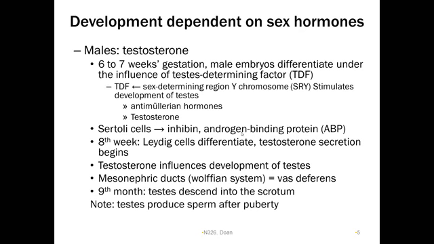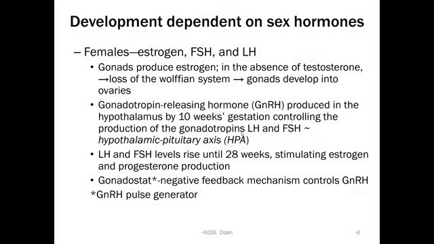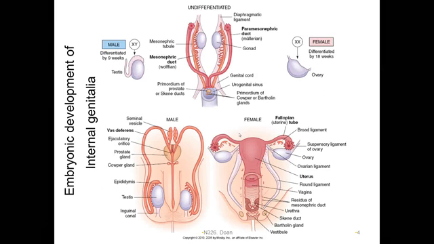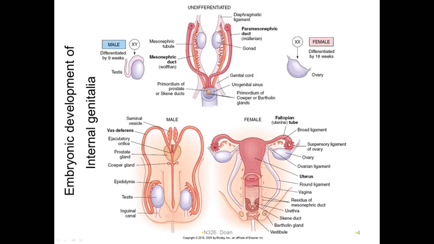Female gonad development occurs in the absence of SRY expression. The presence of estrogen and the absence of testosterone cause regression of the Wolffian system, and at 6 to 8 weeks gestation, the two female gonads develop into the ovaries, which will produce ova, of course.